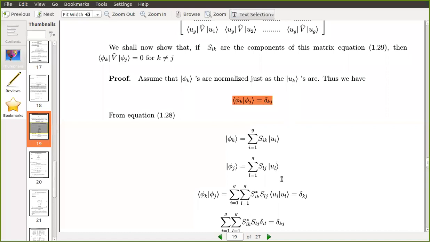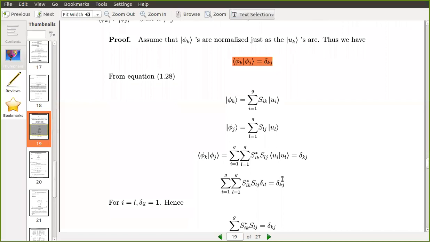This is the technique of using different indices. When you are writing phi j, you are not only replacing k by j, we are replacing i by some other index, the dummy index l. These are known as dummy indices. You can change that. So what is the scalar product phi k phi j?